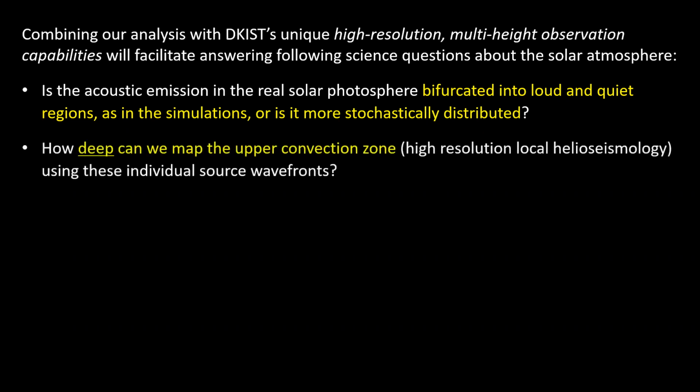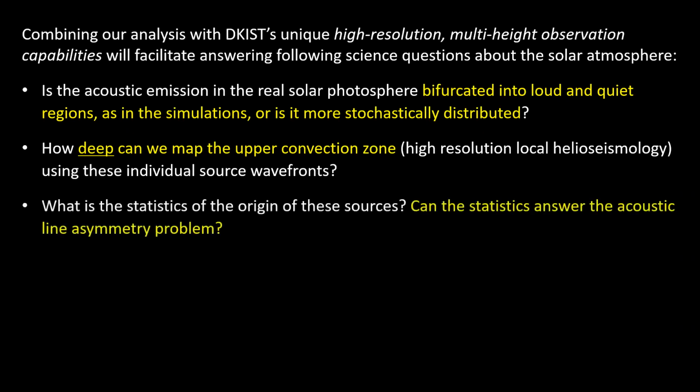And then we can also learn how deep we can map the upper convection zone with this kind of high resolution local helioseismic inversion, right? So for now, we assume that we should be able to do it up to like 200 kilometers or so, and with a vertical resolution of around 20 kilometers. Okay, so the current global helioseismology cannot reach that much precision.